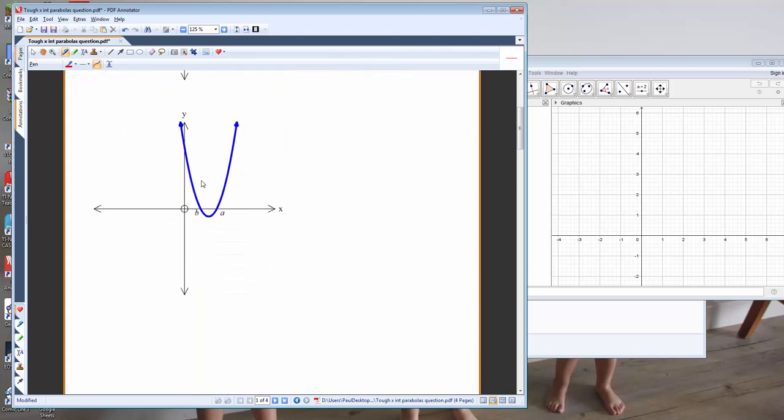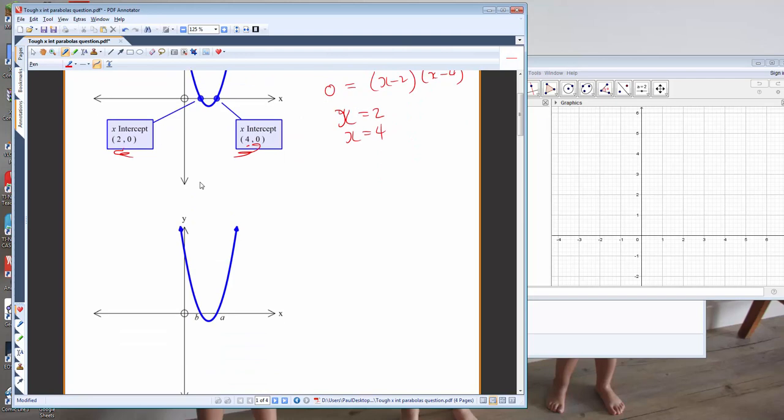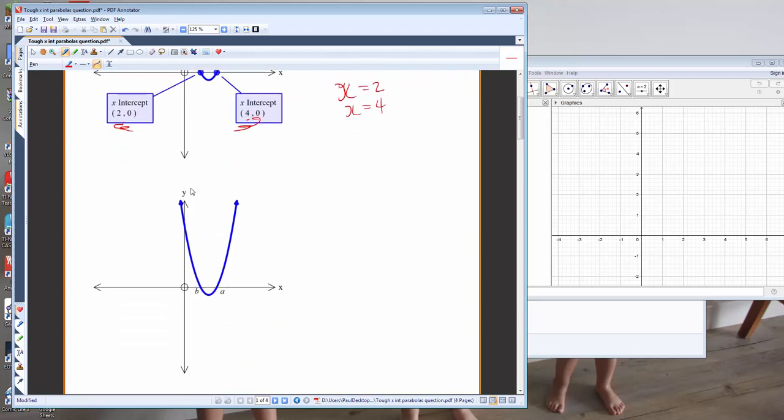Let's go to this situation here. Now the parabola looks exactly the same, except this time the x-intercepts aren't listed as numbers, rather as b and a. That's fine. Let's list them: (b, 0) and (a, 0) are the two x-intercepts. Let's write our form that we've been using, again assuming a dilation of 1, (x - d)(x - e).